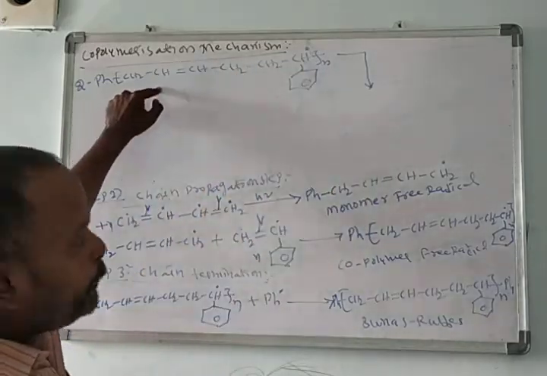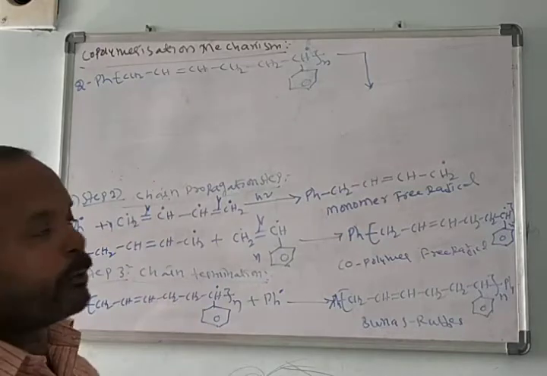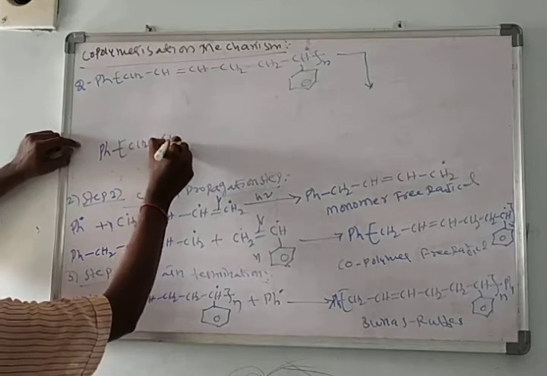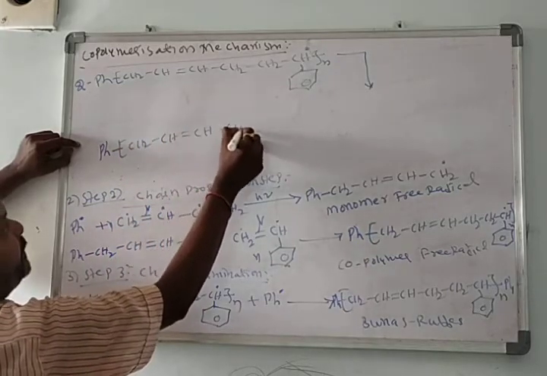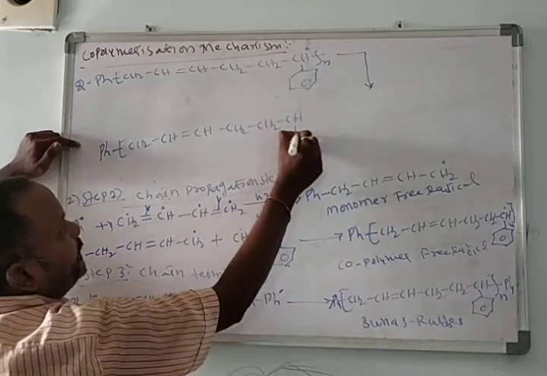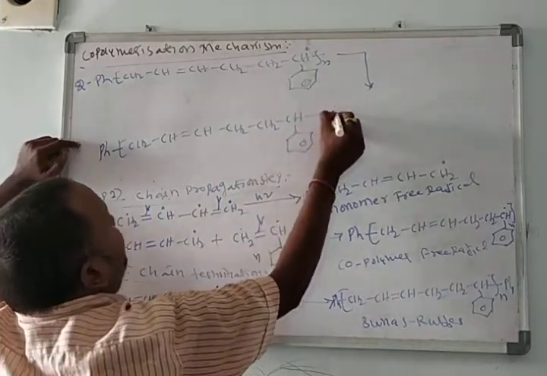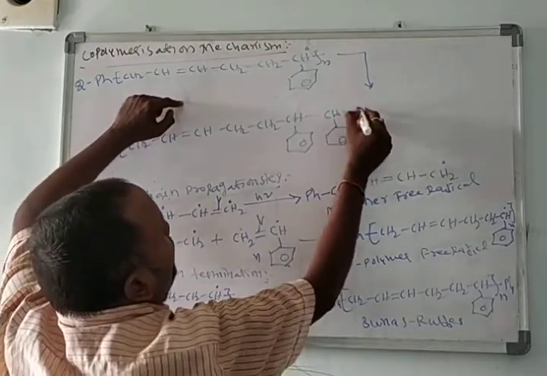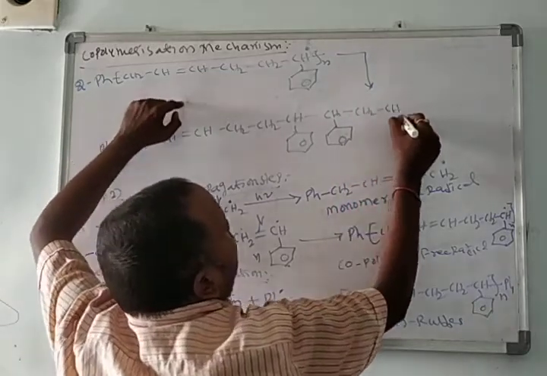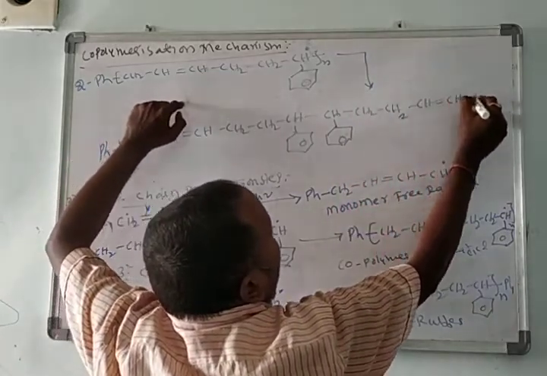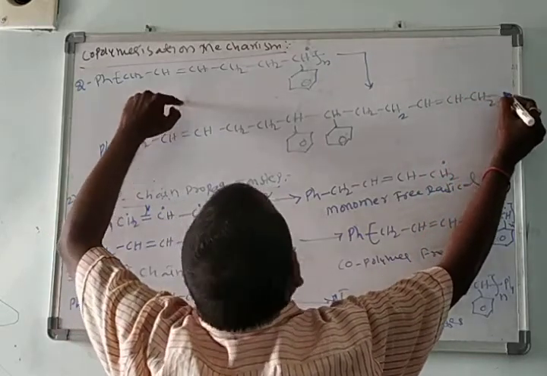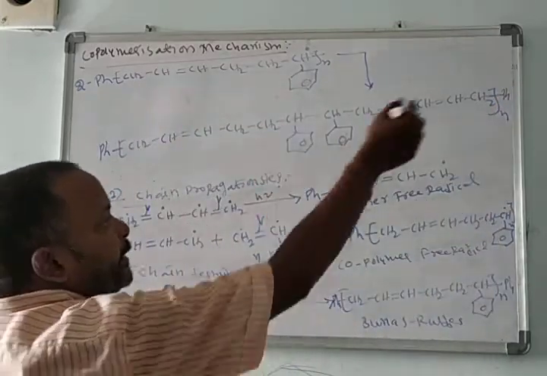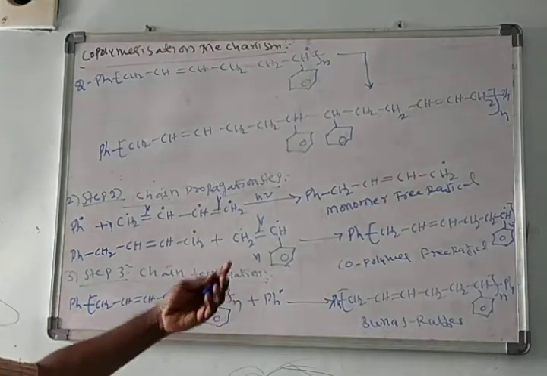One molecule of copolymer free radical reacts with another copolymer free radical and forms Ph, CH2, CH double bond CH, CH2, CH2, CH phenyl, joined to CH2, CH phenyl and CH2, CH2, CH double bond CH, CH2, phenyl group, n times each.